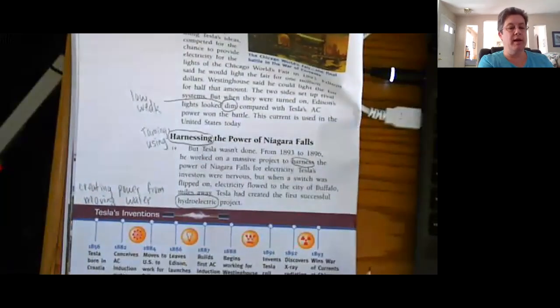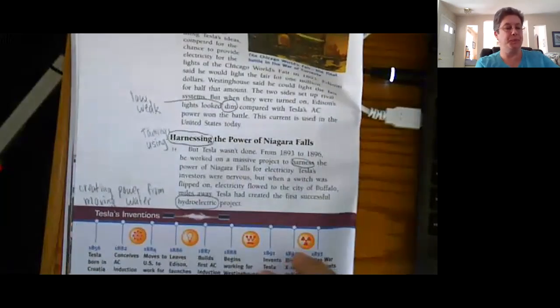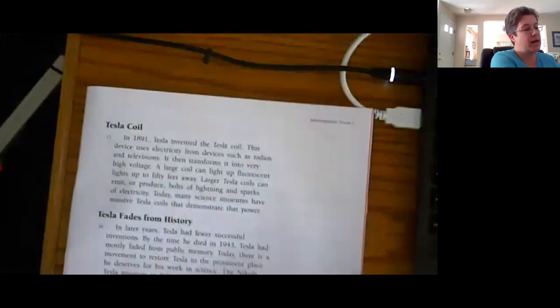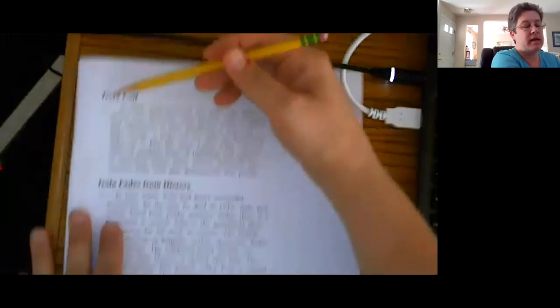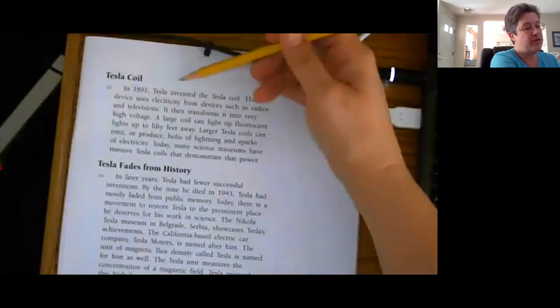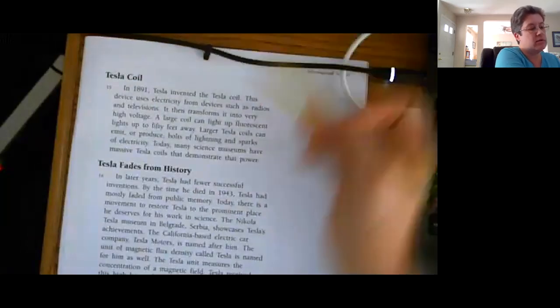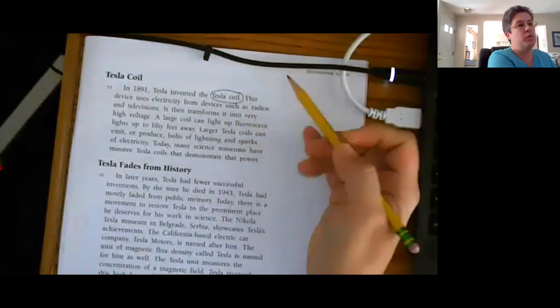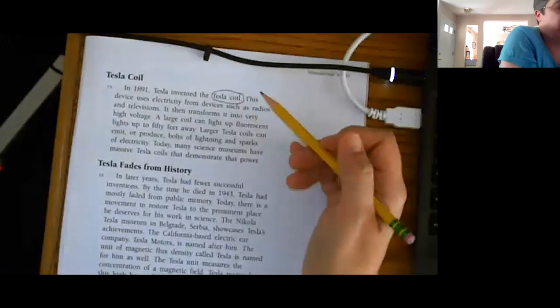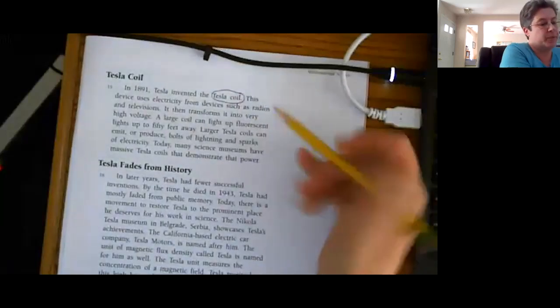We'll read the timeline at the very end of the lesson. Tesla coil. In 1891, Tesla invented the Tesla coil. Now this will be defined with context clues right now.